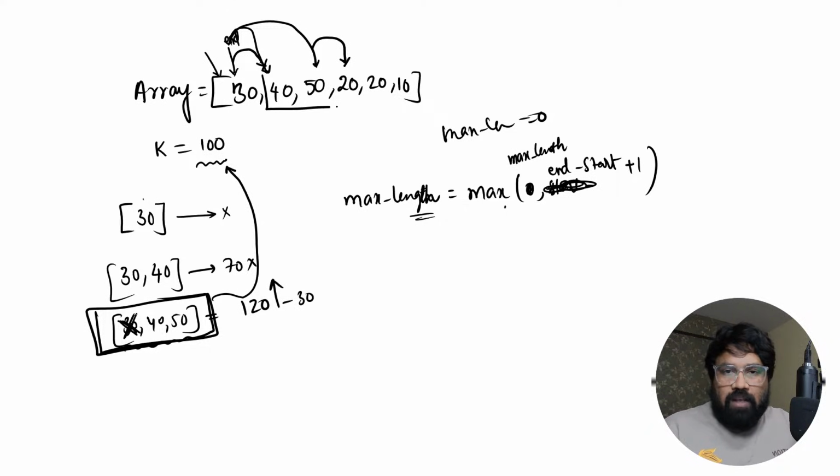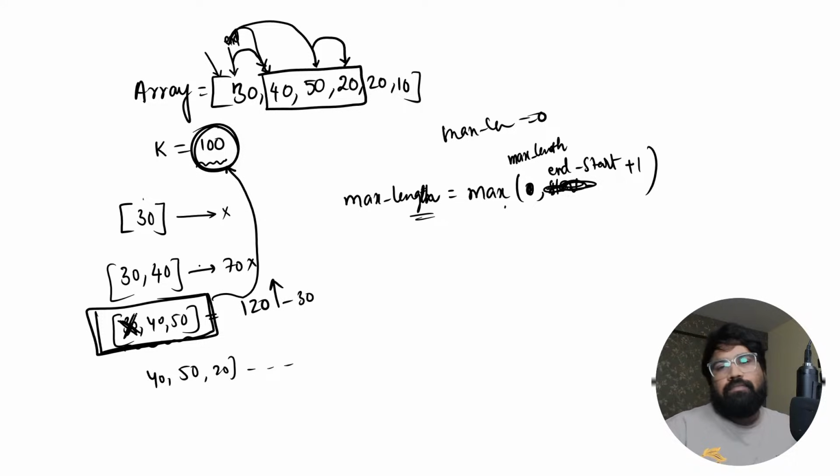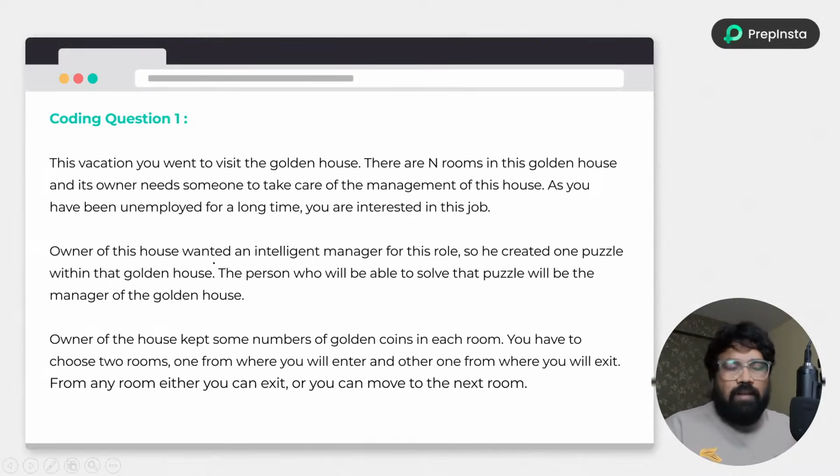So what will happen? The window is shifted from 30, 40, 50 to 40, 50, 20 now. Like this it will happen until you get the exact number. Okay, so this will happen.